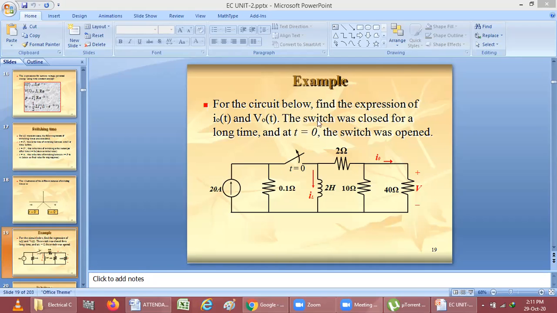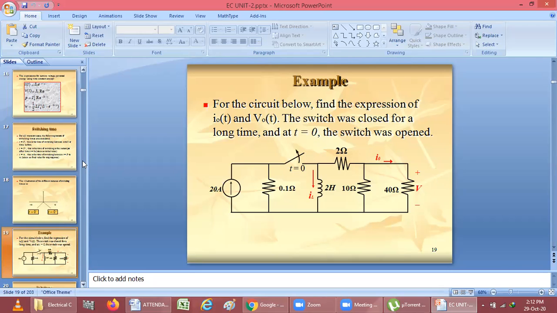We have to find the expression for current and voltage. O is nothing but output, means we have to find the value of current flowing through this 40 ohm, and the voltage across this 40 ohm. The switch was closed for a long time, and at t equal to 0, the switch was open.